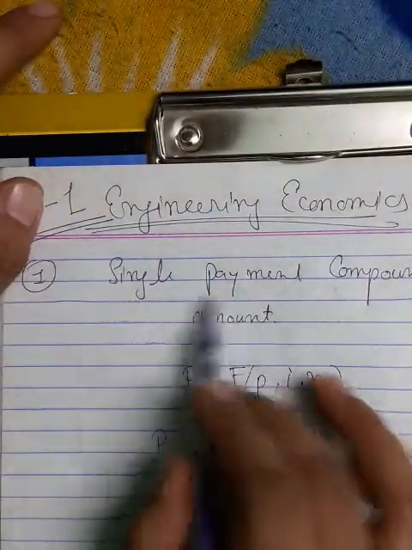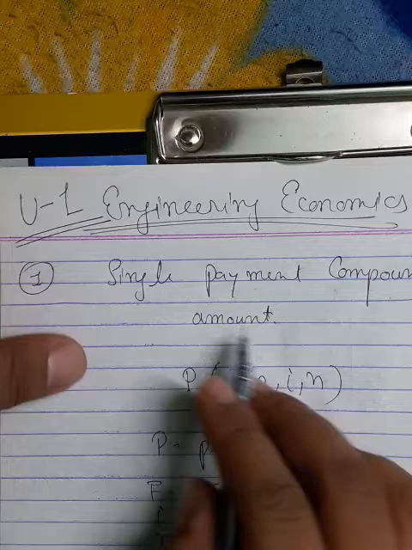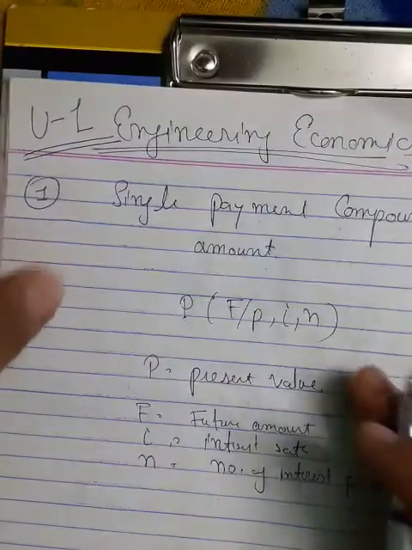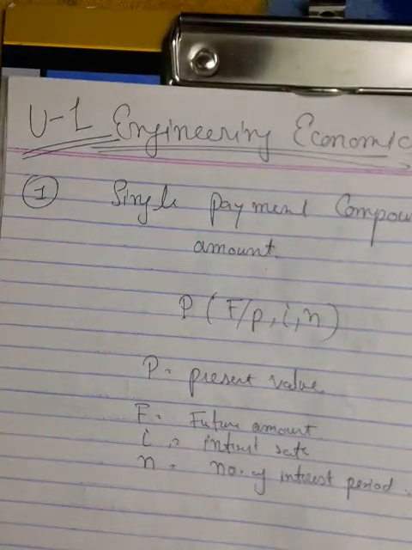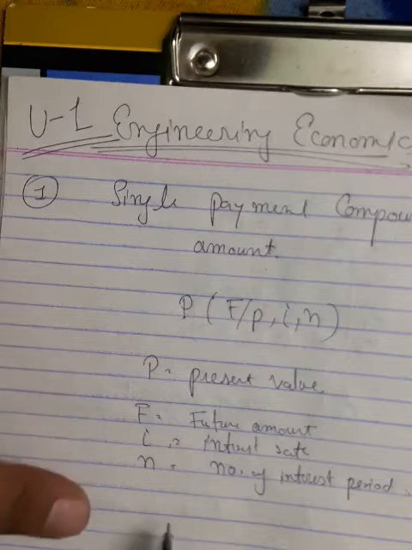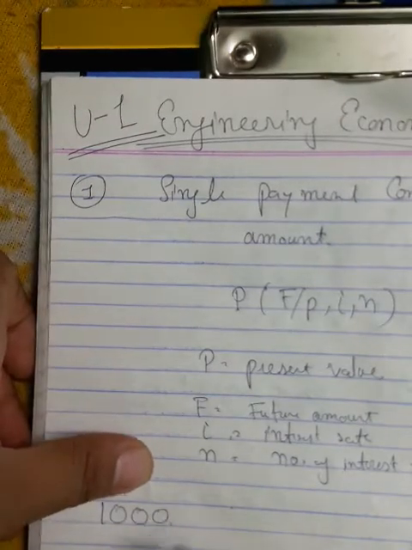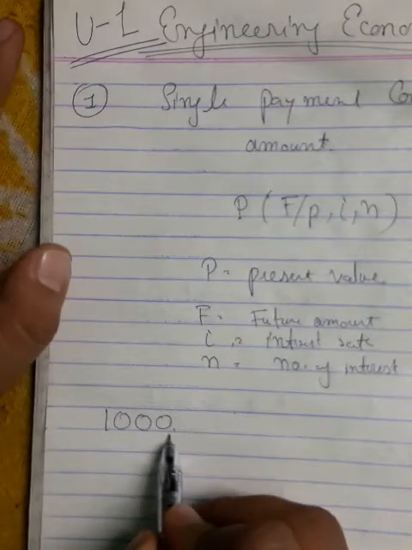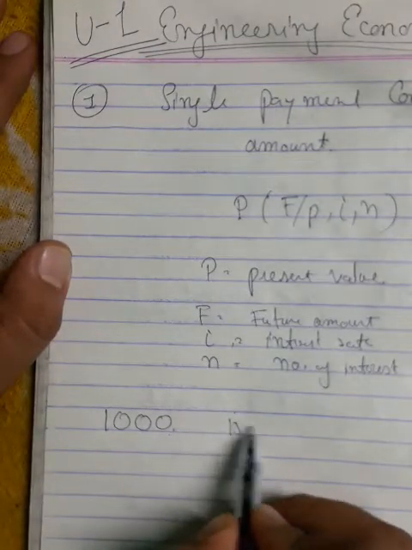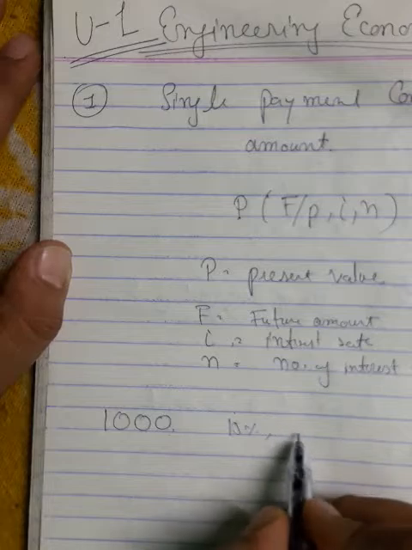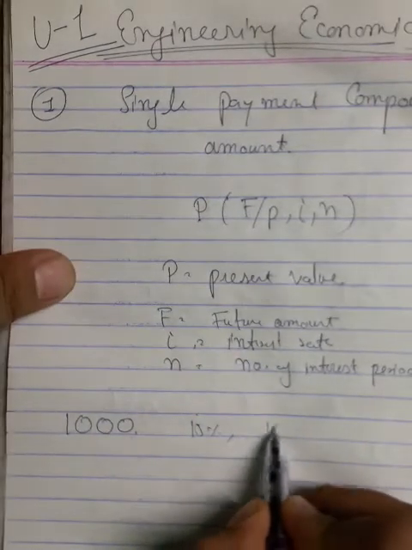Now what is the single payment compound amount? Suppose I am going to pay now 1000 rupees at an interest rate of 15% for a period of 10 years.